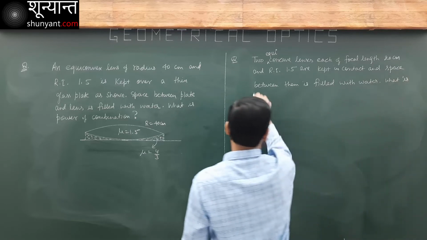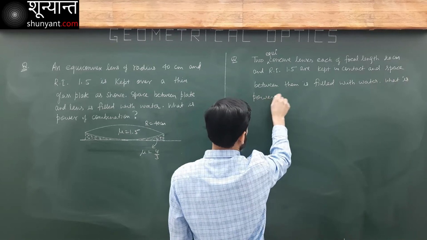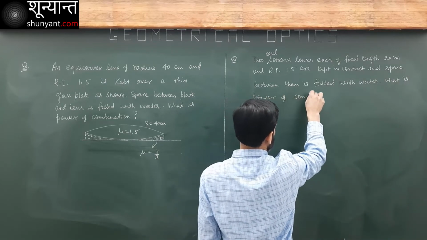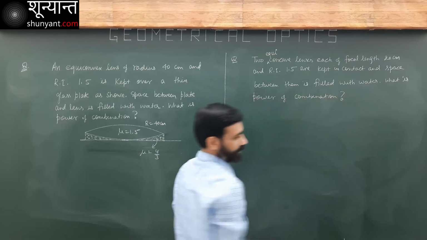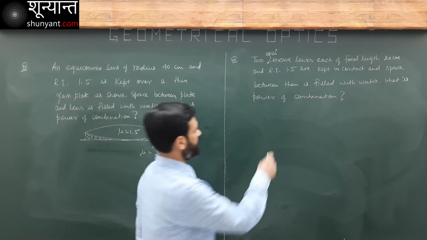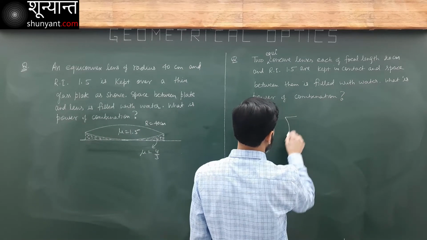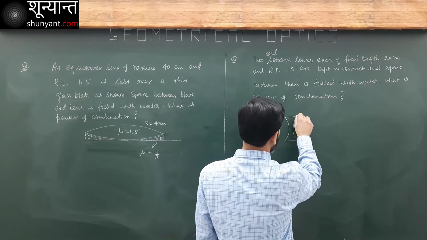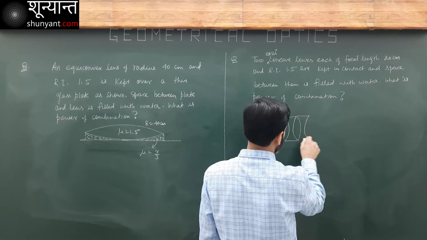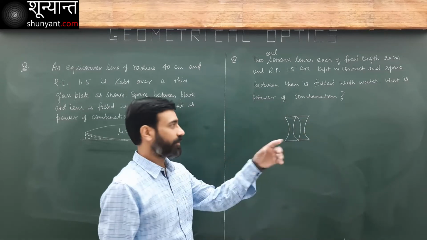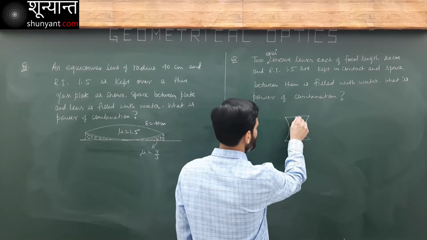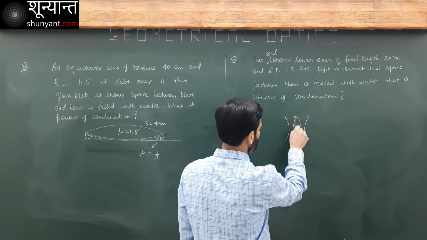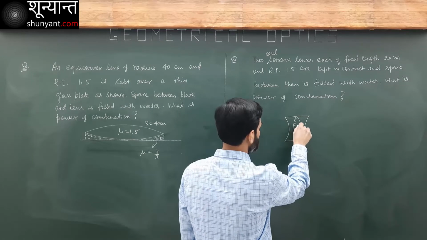What is the power of the combination? So I have these two concave lenses in contact, and this space between them is filled with water.